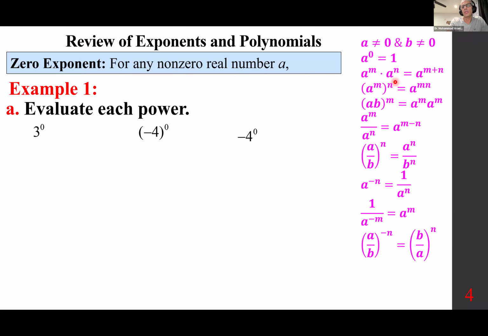A to the power of m times a to the power of n is a to the power of m plus n, called the product rule. A to the power of m to the power of n is a to the power of m times n, called the power rule. And then we have combinations and variations of those. AB to the power of m is a to the power of m, b to the power of m.